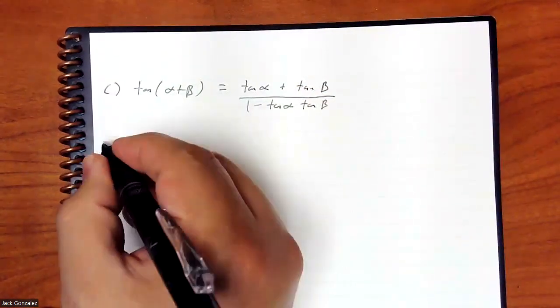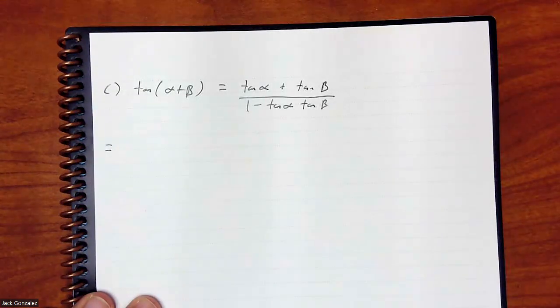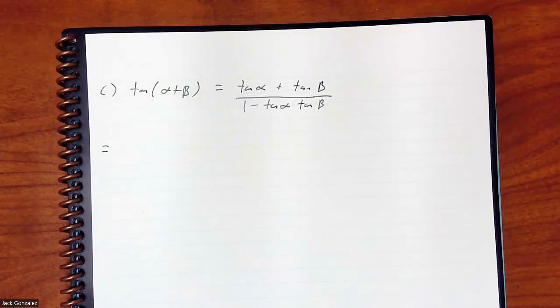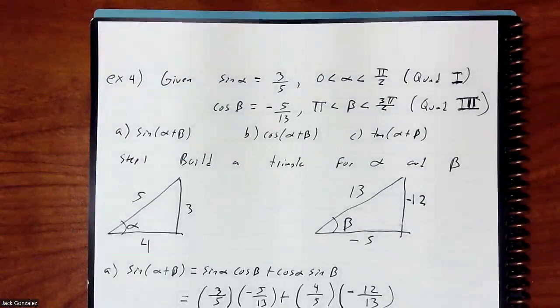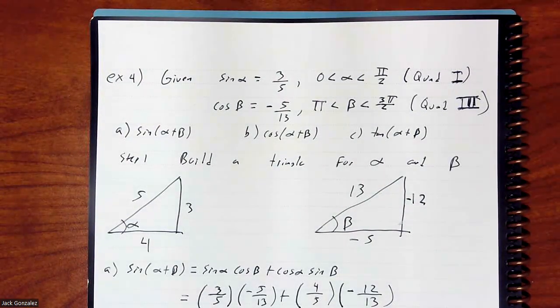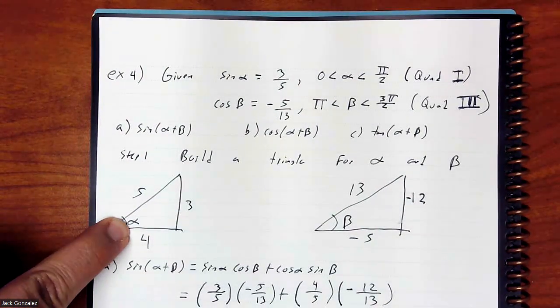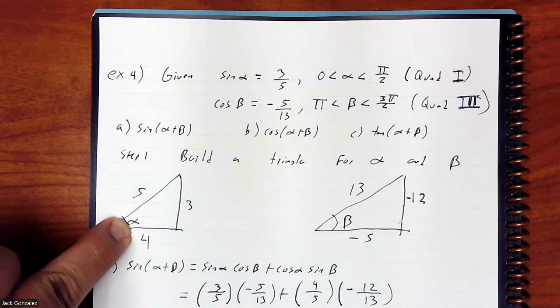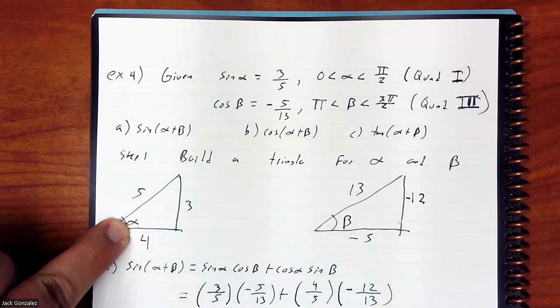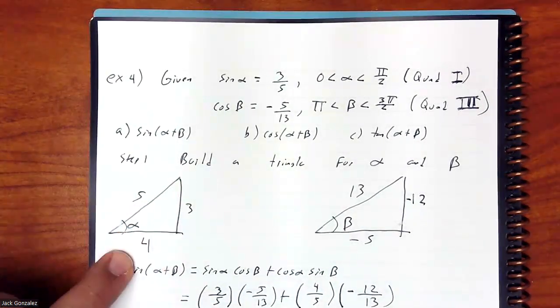So what is tangent alpha? So look at your alpha. Tangent is opposite over adjacent. So 3/4.